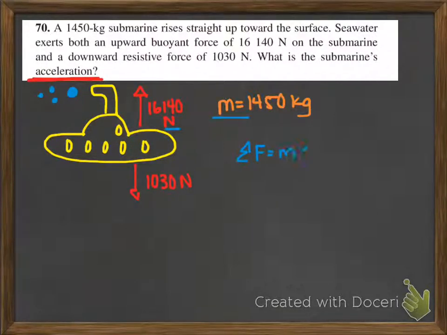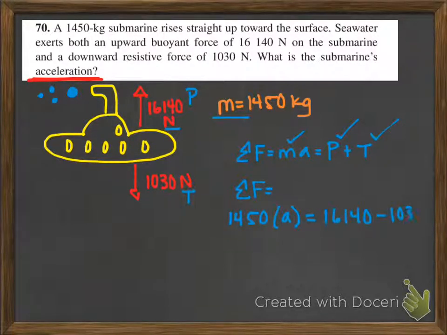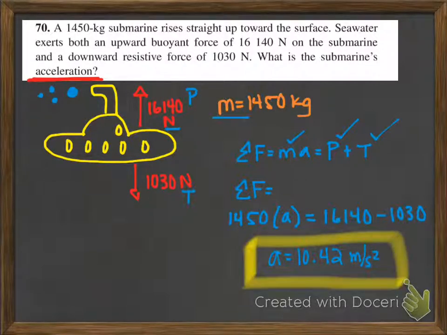Remember that force equals mass times acceleration, and it's also the addition of all forces, so P plus T. If we do this equation once again, we can figure out the acceleration of the submarine, which is 10.42 meters per second squared, going upward or positive because there is more force pushing the submarine upward than downward. And we're told that in the question as well.